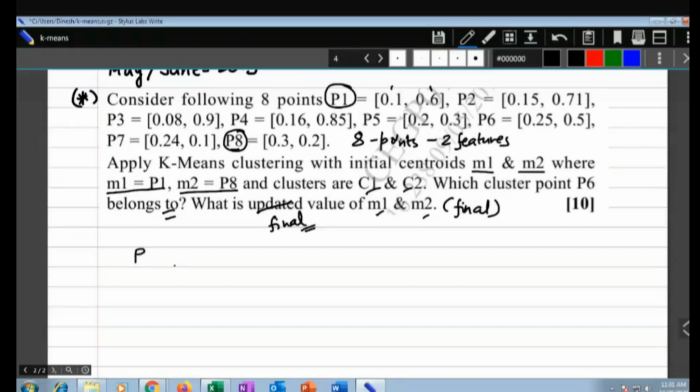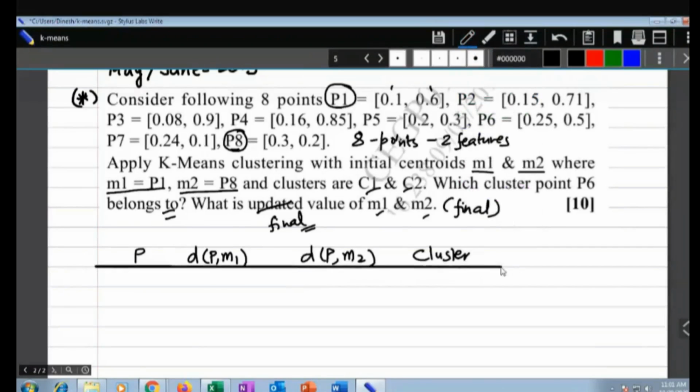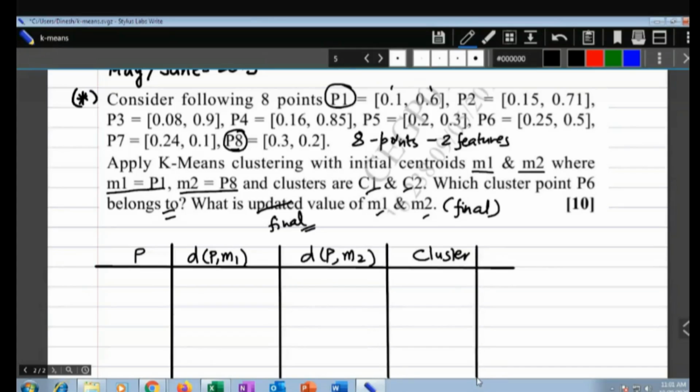I will write P as the point, then the distance of P with M1 and distance of P with M2, and then what is the cluster, C1 or C2. So let me draw lines over here so that it will look nice. I will show you the initial few points and then ultimately we'll do it in Excel, because doing that calculation will take much time.